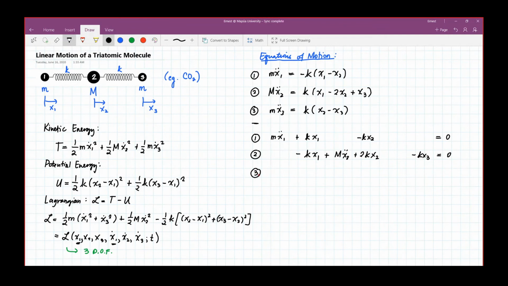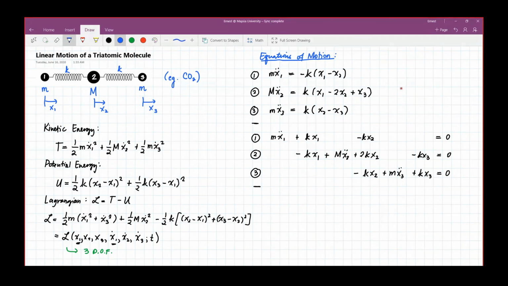And lastly, this is negative k x2 plus m x3 double dot plus k x3 equals 0. I did this so that it's easier for us to put this in matrix form later.